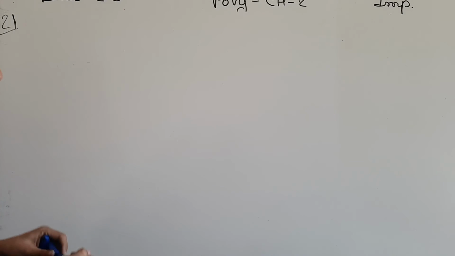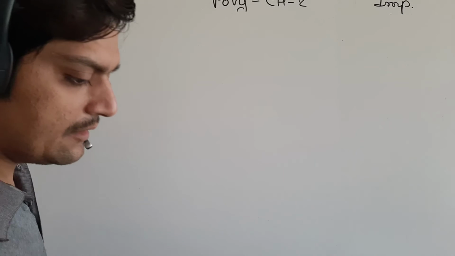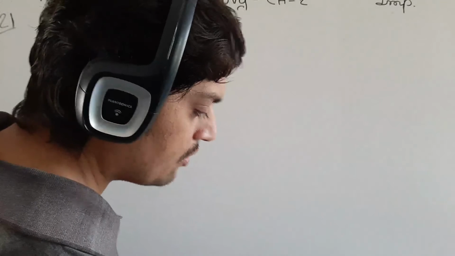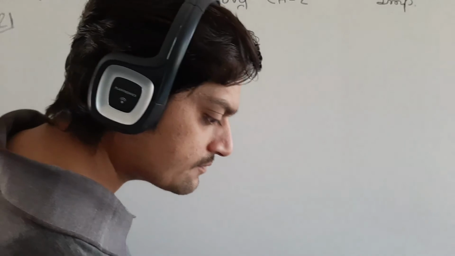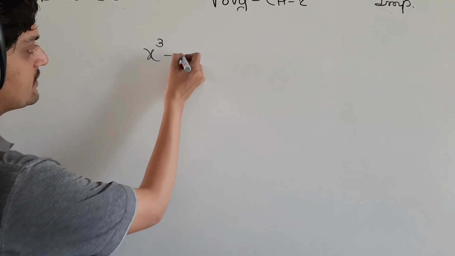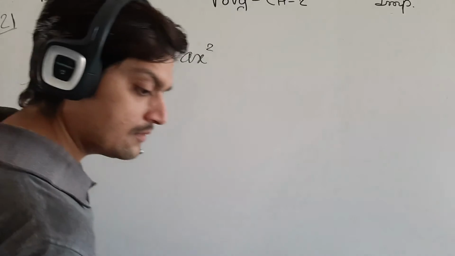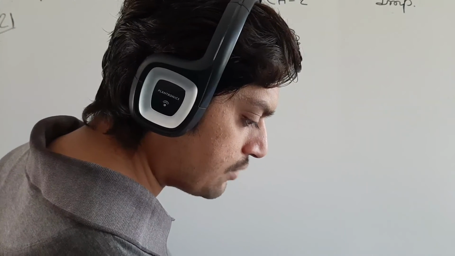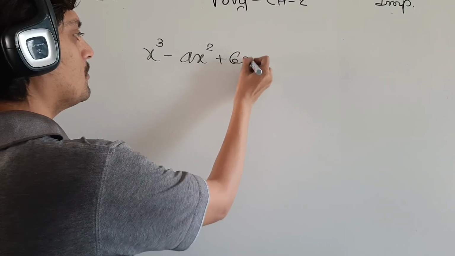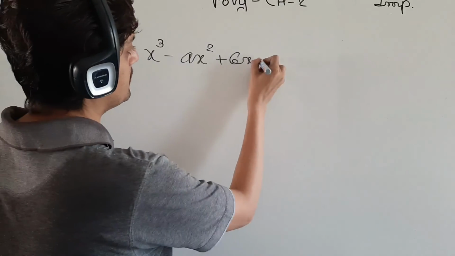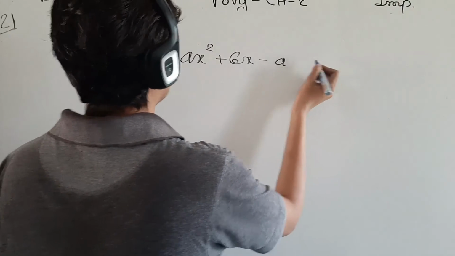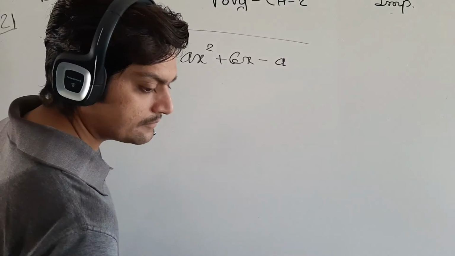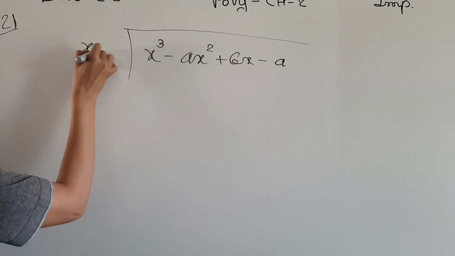Question number second. Find the remainder when x cube minus ax square plus 6x minus a is divided by x minus a.